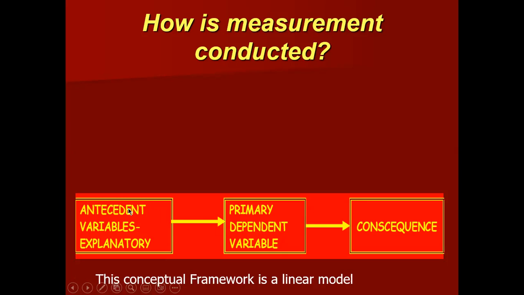So we have the antecedent variable, the explanatory variable, connected with the primary dependent variable or the outcome variable, and then the outcome variable results in consequences. So we can see this as diagnostic. If we want to understand the dynamics involved in a particular outcome consequence, we have to look behind. We have to look at the primary dependent variable and see how it comes out, and then the antecedent that creates the primary dependent variable.